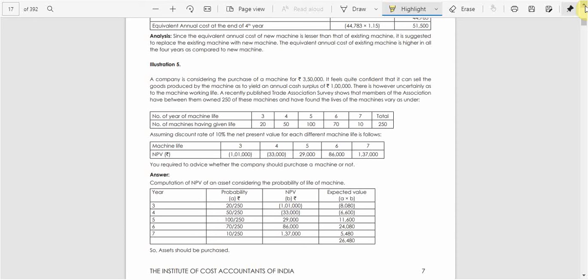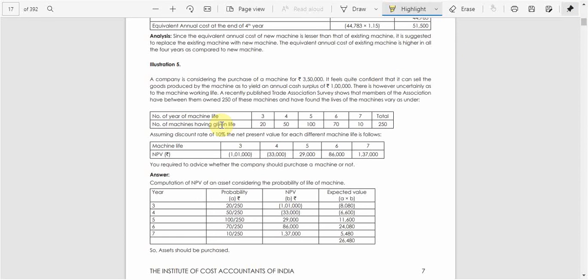A recently published trade association survey shows that members of the association have between them owned 250 of these machines and found the lives of the machines vary as under. So the association has 250 machines and their life varies as per this table.